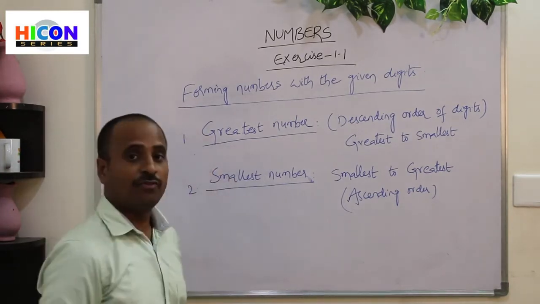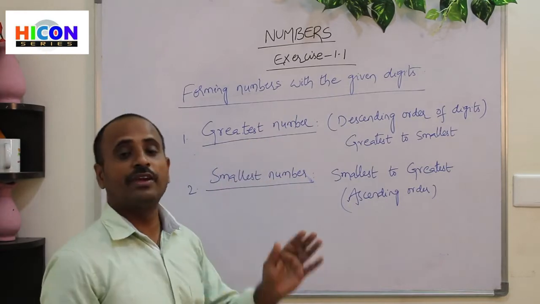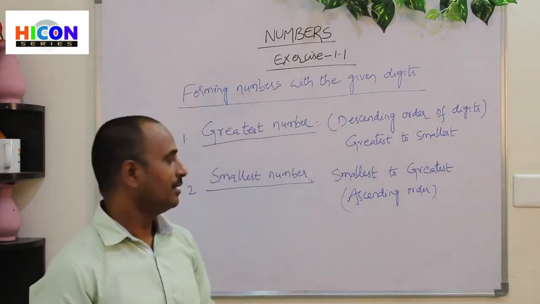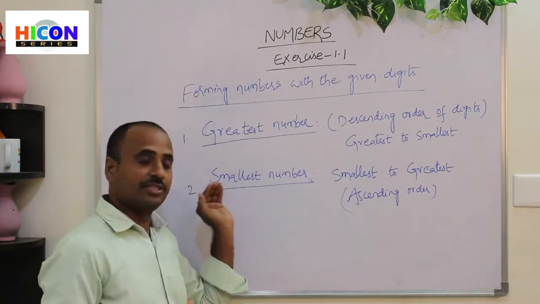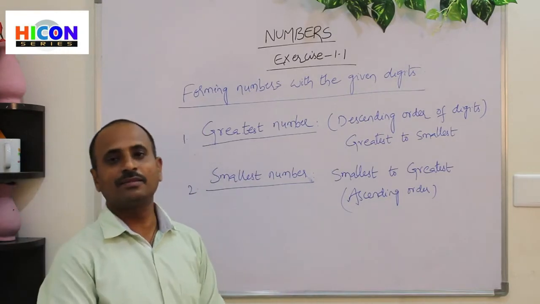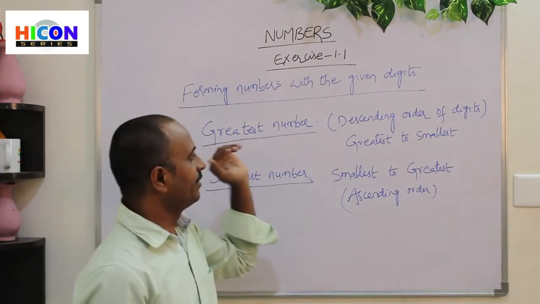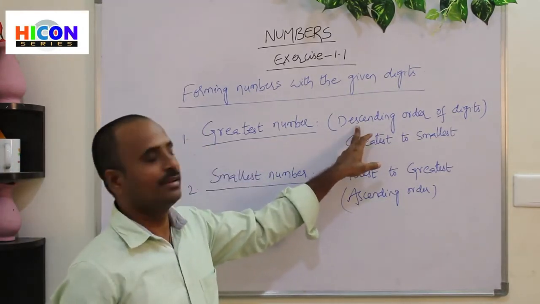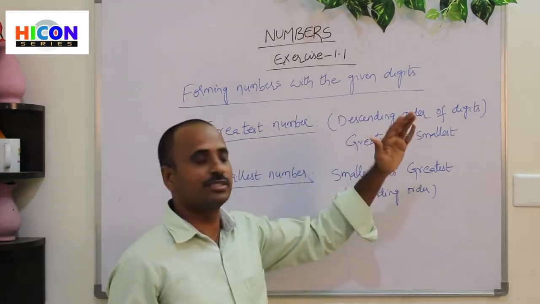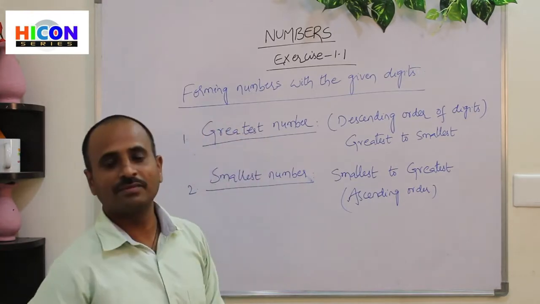For forming the greatest number, we have to arrange the given digits in descending order. For forming the smallest number, we have to arrange the given digits in ascending order. So if we arrange the given digits from greatest to smallest, we will get the greatest number.